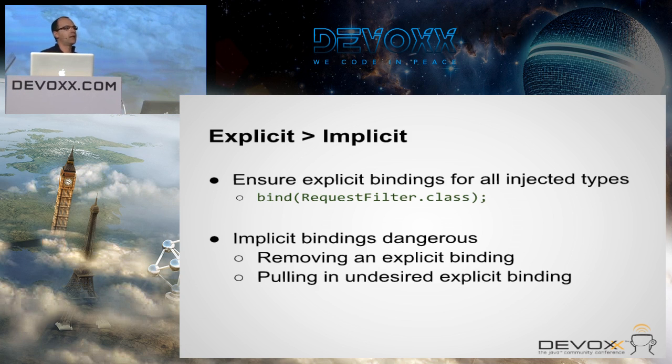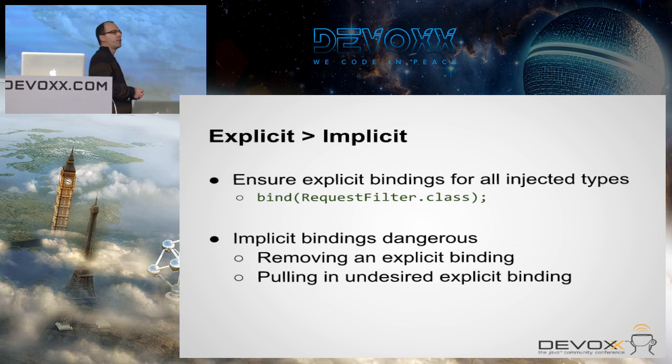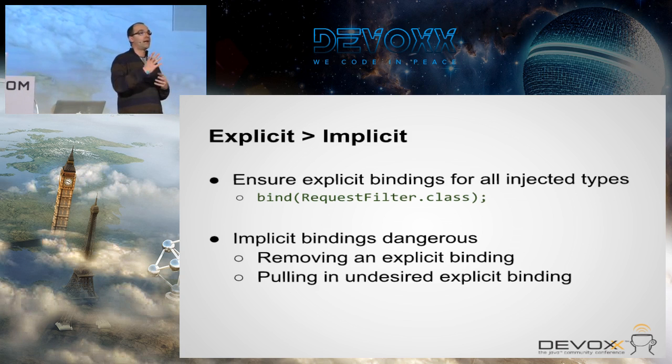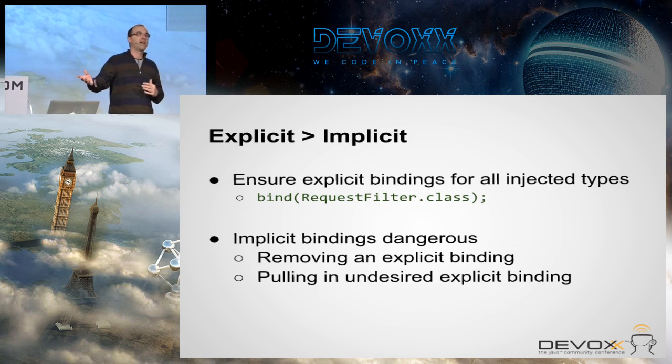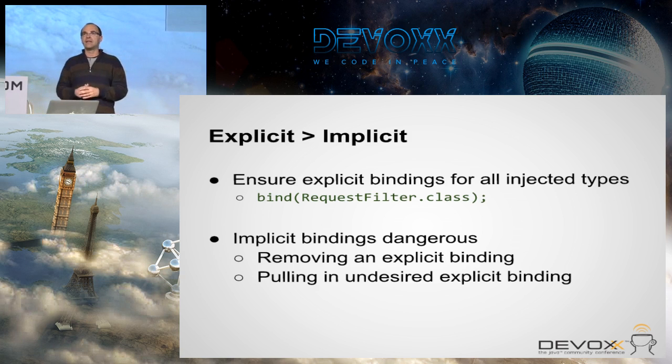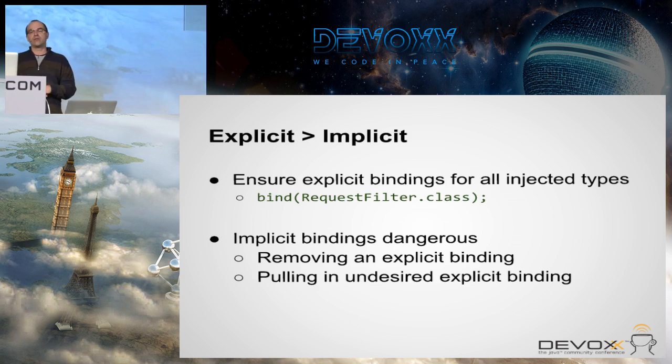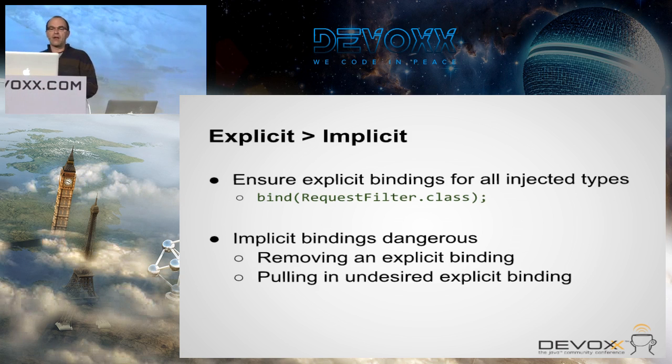For instance, we had a case where there was an explicit binding for a particular component. It got removed. Suddenly, the system continued to work because it relied on a different binding, which was an implicit binding, but with a different scope. And the system just continued working at the beginning, but then it really went sour from there, and we had a lot of issues.